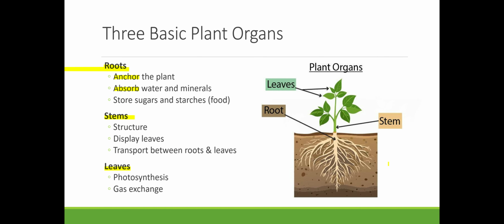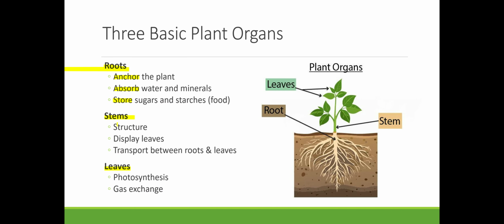So this is where the water and the nutrients from the soil are going to be taken in by the plant. And then they could also be storage units. So they could store sugars, or they could store starches, which are sugar storage, big polysaccharides that are made up of many sugar molecules. So sometimes our roots could be our food stores.